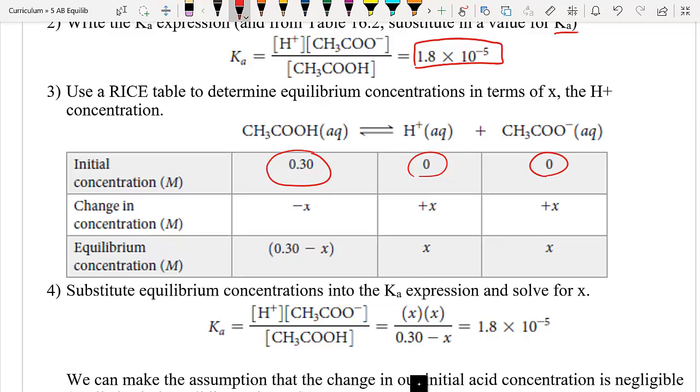Our change can be expressed in terms of x, so 0.30 minus x. It's a 1-to-1 ratio for everything here, so we're going to gain x here and here for our hydrogen and our acetate ion. What that would leave us with is 0.30 minus x on the initial concentration coming to equilibrium. Then we have hydrogen with an x, and we have acetate as an x.